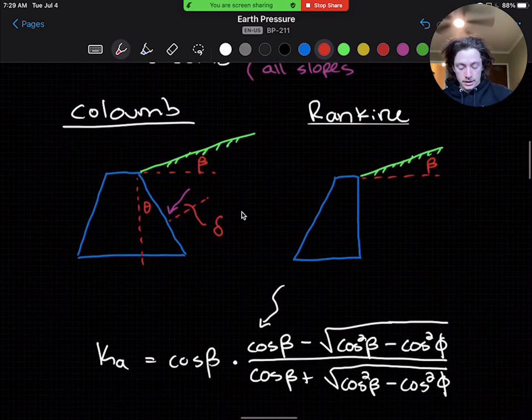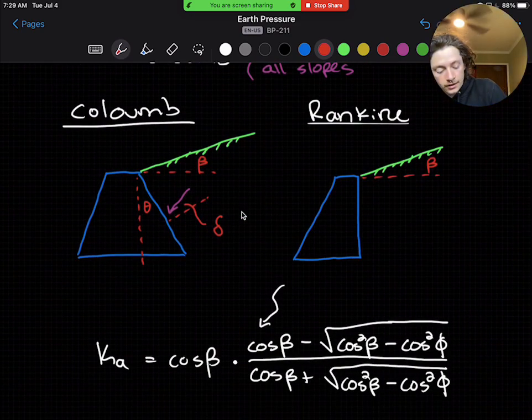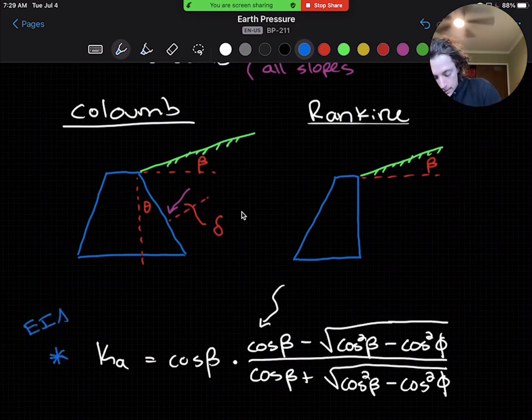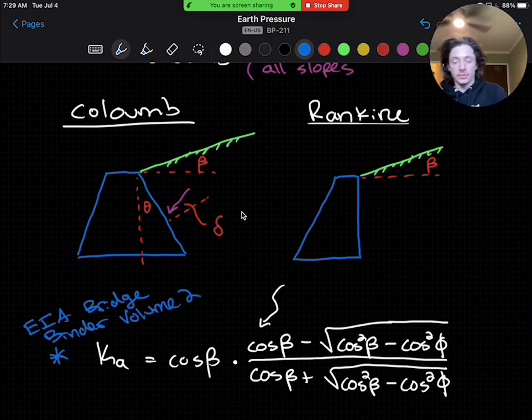So, this is a reiteration of the Ka equation, and you can find this in the EIA Bridge binder, volume 2.